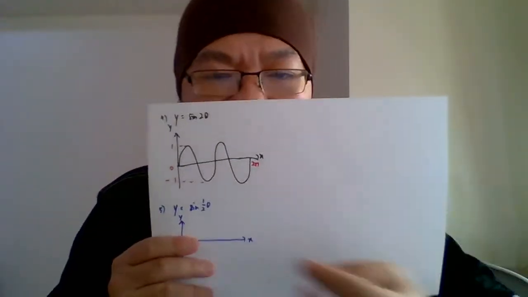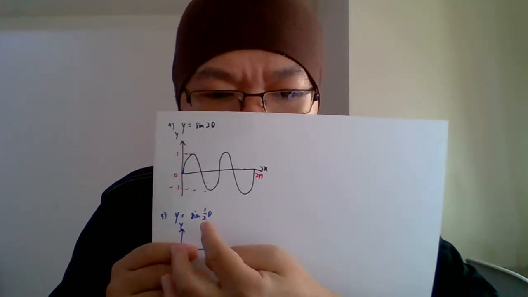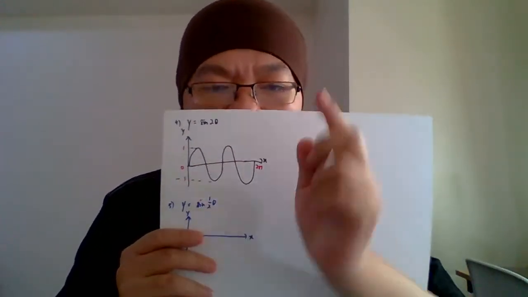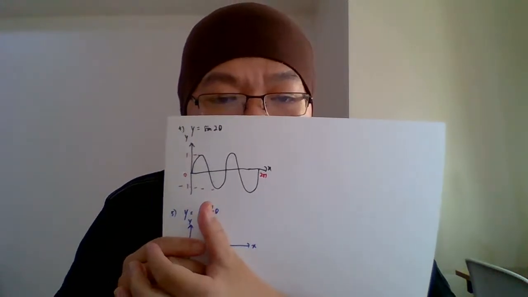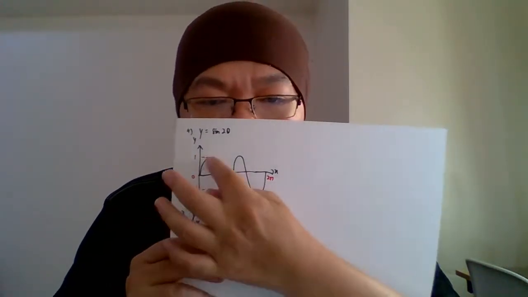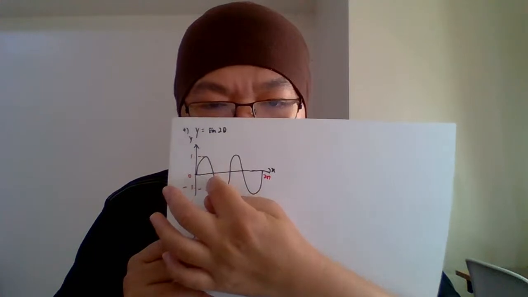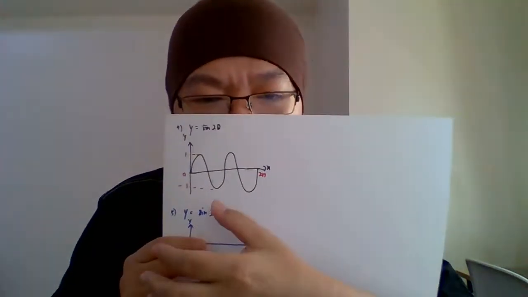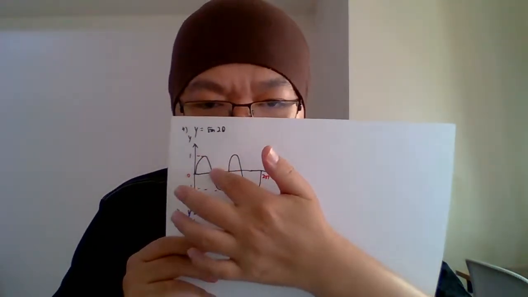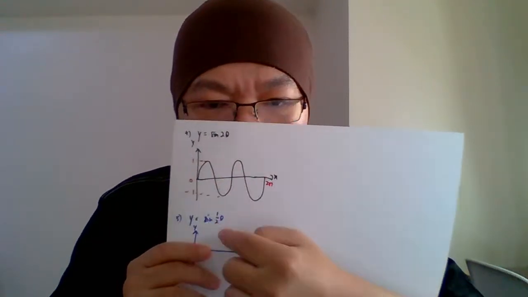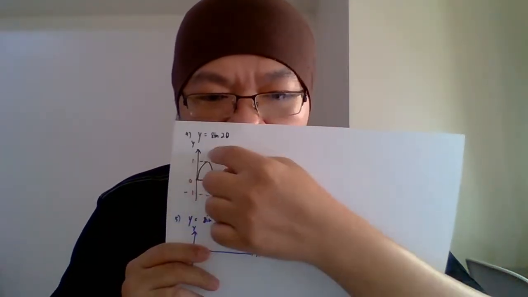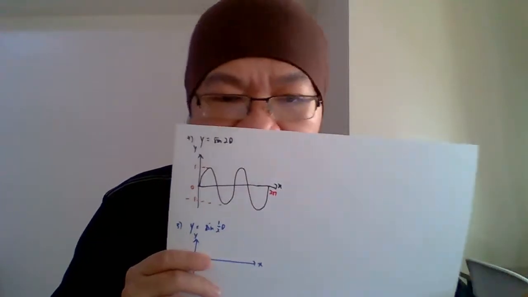Firstly, this is half angle. Okay, if the soalan is sine theta, it will be a complete oscillate, naik dan turun. If half theta, that means only half of the graph. Okay, only half of the complete graph. So that will be your graph.